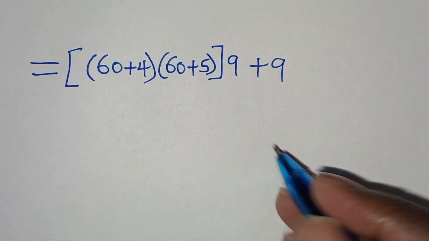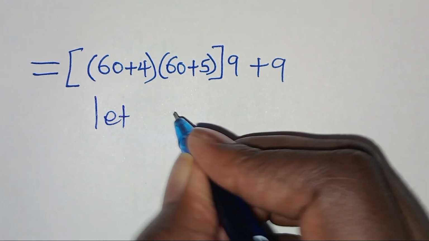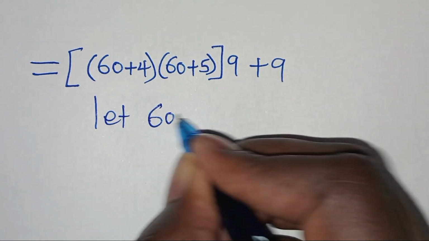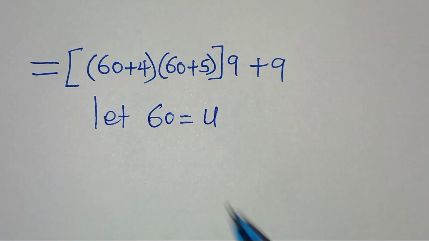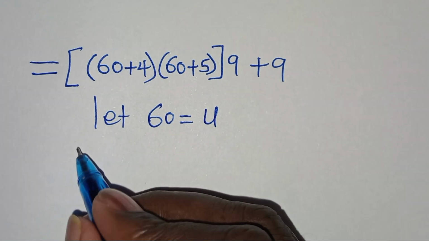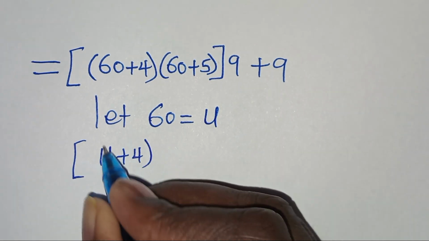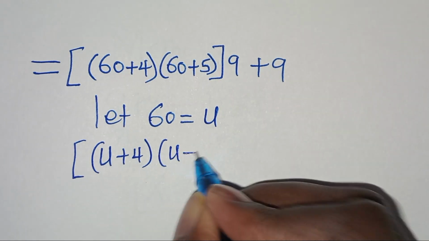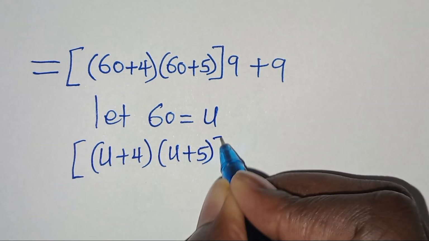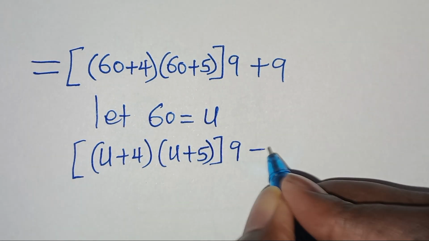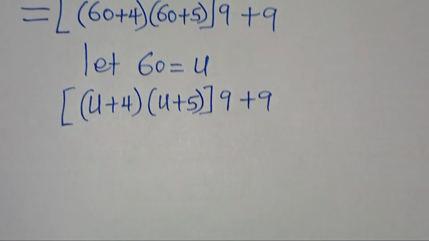Now the next step, we can let 60 be equal to u. So let's substitute 60 with u, so that now we have u plus 4 multiplying by u plus 5, everything here multiplying by 9 plus 9.